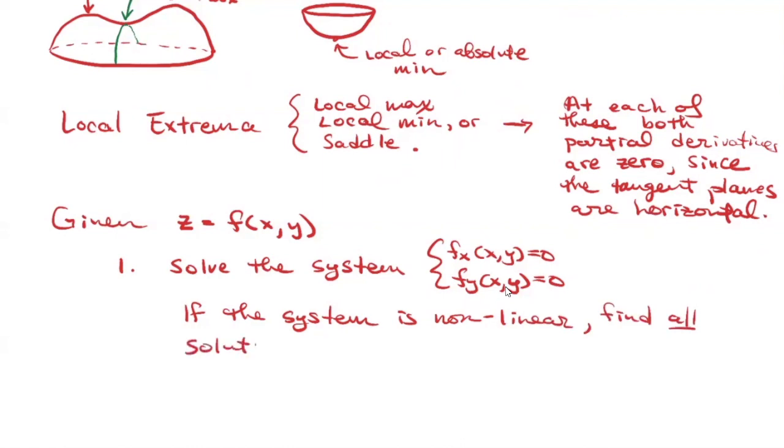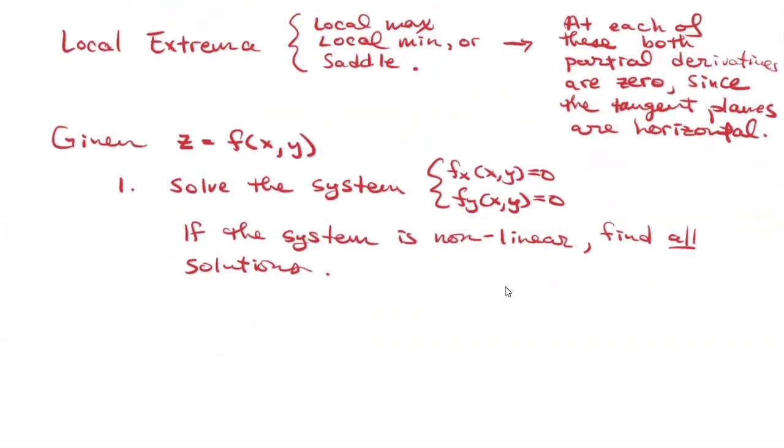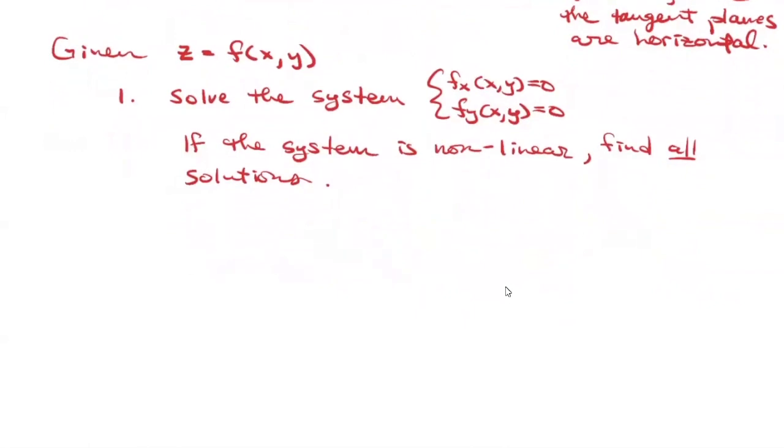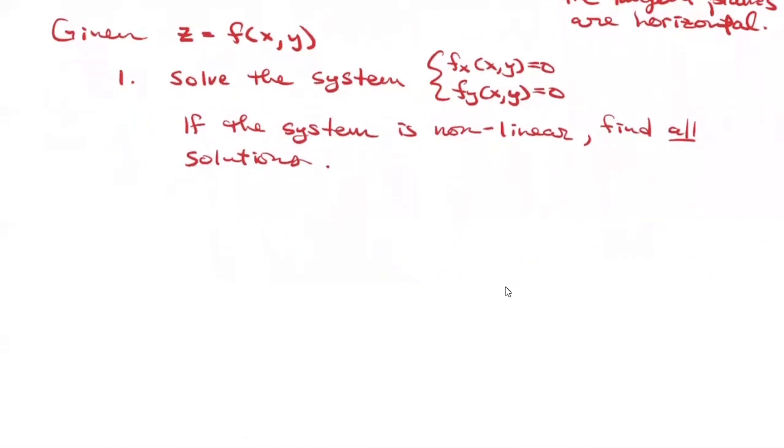If it's linear, then generally you'll just have one solution. There are exceptions, sometimes there's none, in a weird case or two sometimes you'll find infinitely many solutions. Okay, so the solution points are called critical points.